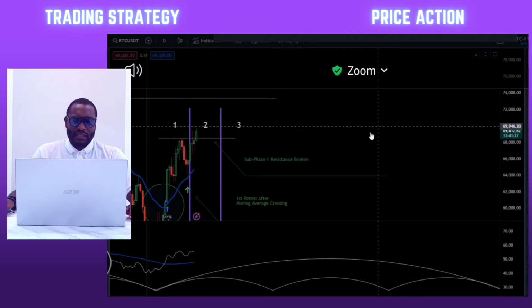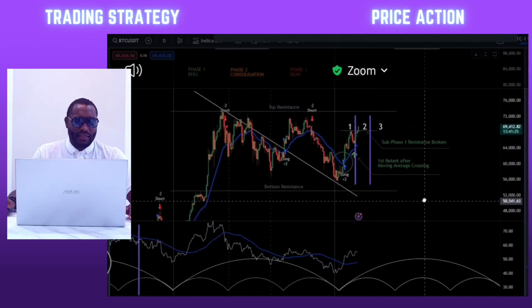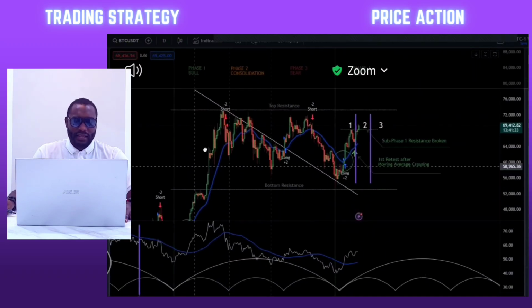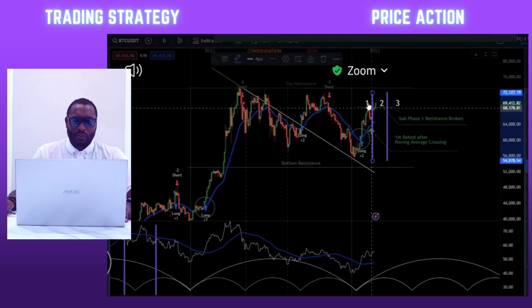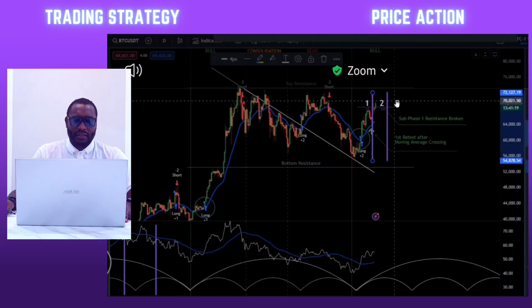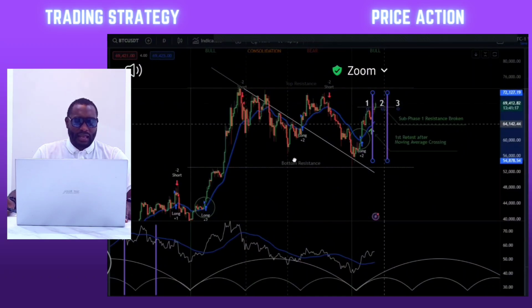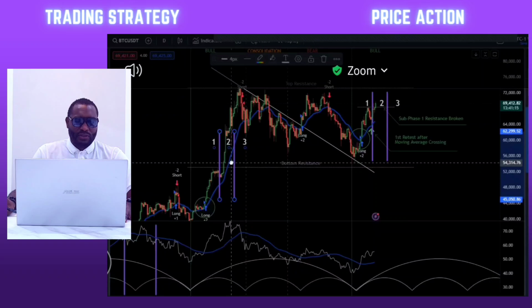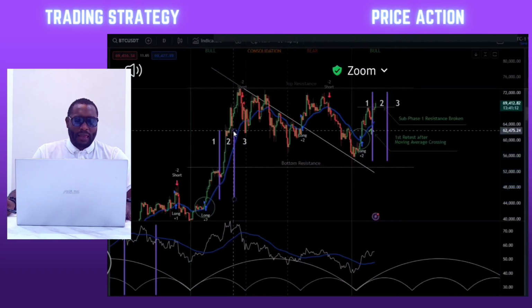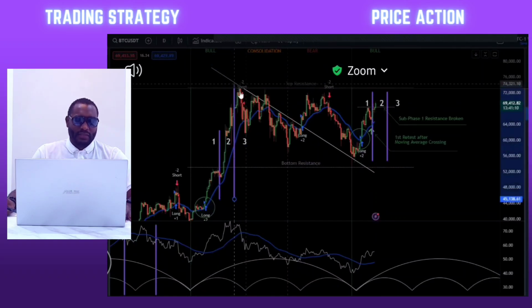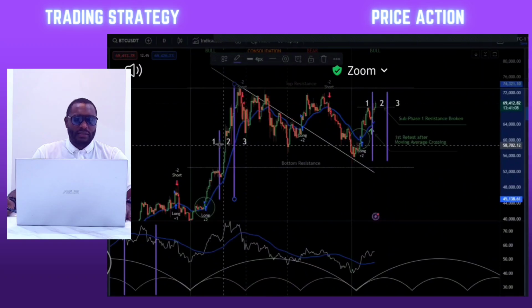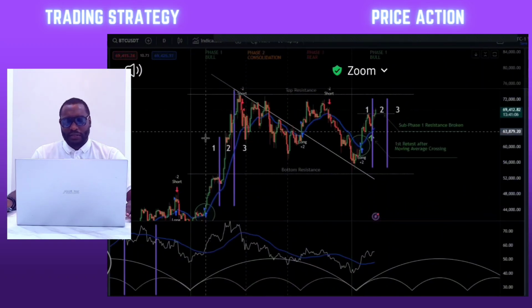When I say sub-phases, I'm saying if you divide this into phases, it's the same thing. So that's what I'm demonstrating, this idea that that's one, that's two, and that's three. So this is what I mean by sub-phases of the main phase.